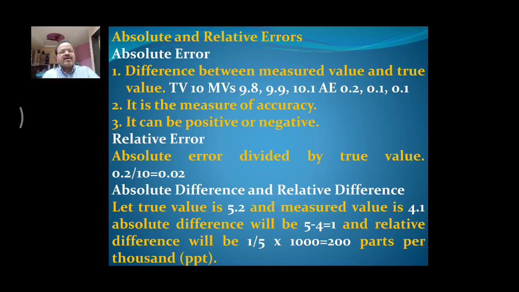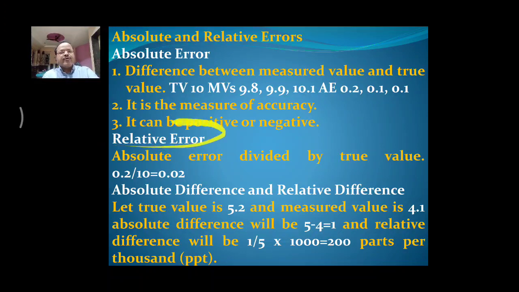Here the true value is 10, the first reading is 9.8, the difference is 0.2, which is a positive absolute error. The true value is 10, the measured value is 10.1, the difference will be minus 0.1, and this is also called absolute error. So the absolute error may be positive or negative.